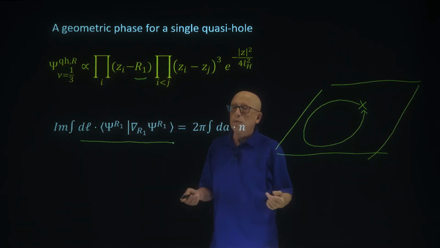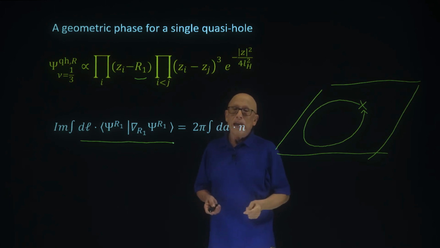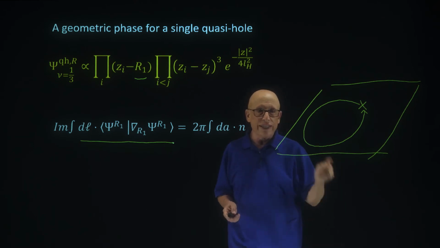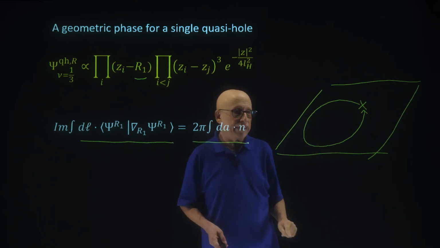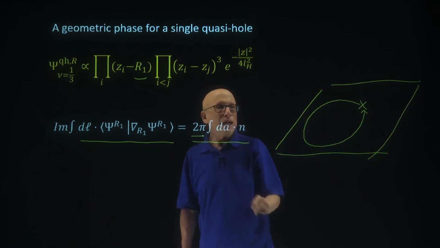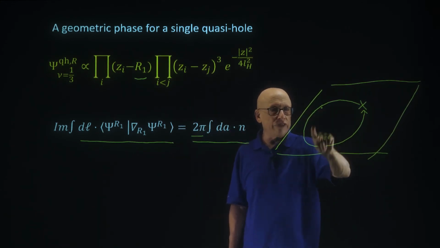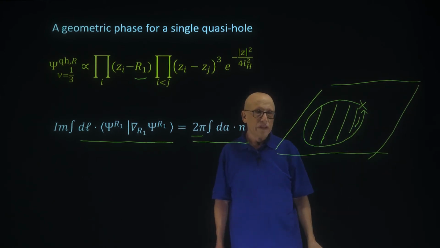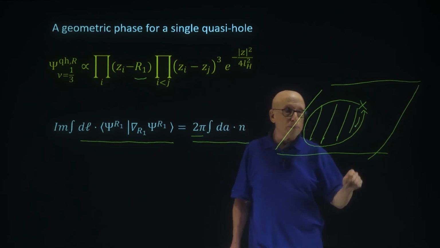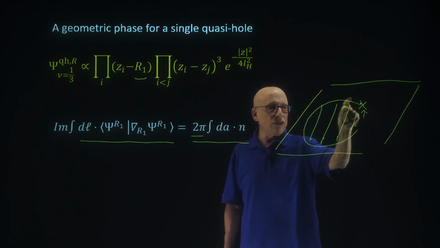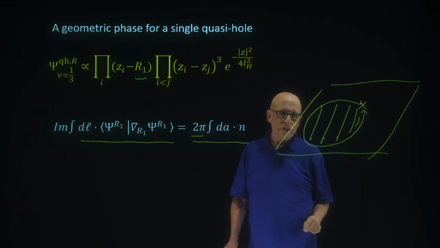I won't do this calculation here, but when you do that, you find that the geometric phase is 2 pi multiplied by an integral over this area of the density. Another way of saying it, it's 2 pi times the number of electrons that this quasi-hole went around.